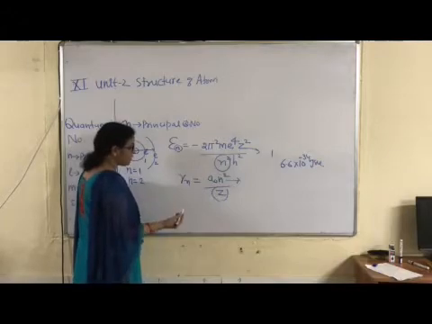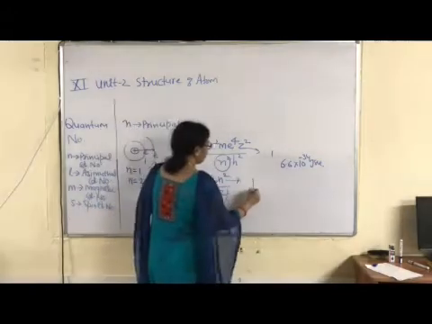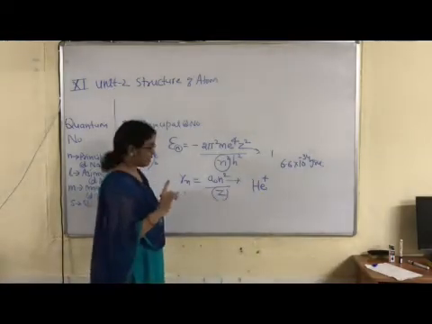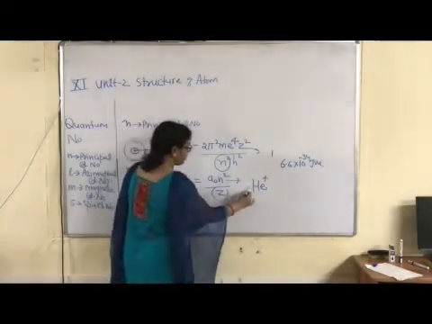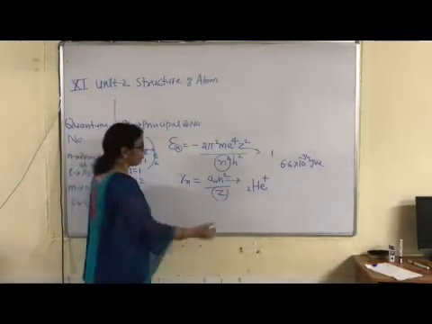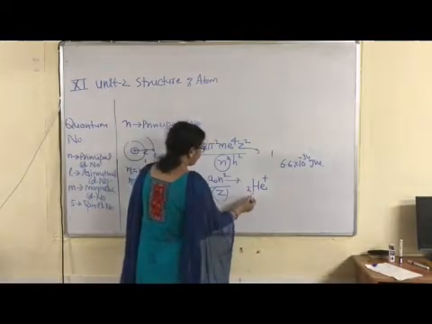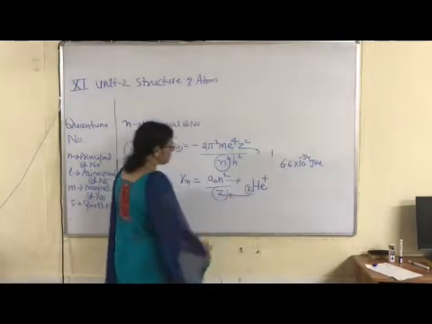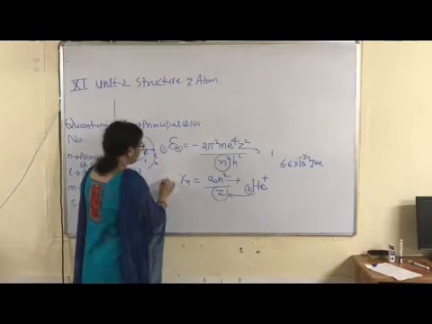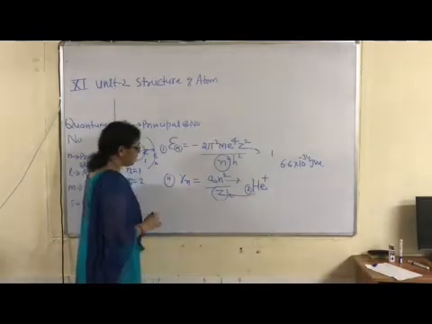But for hydrogen-like species like helium plus, where only one electron is left, the atomic number of helium is 2. After loss of one electron, only one electron is left, but its z value is 2. Children, so this is the second significance of the principal quantum number.